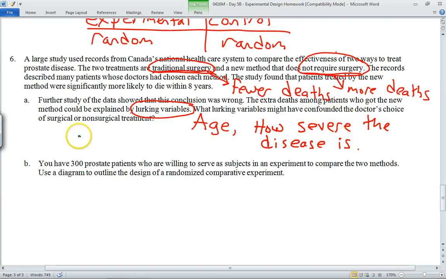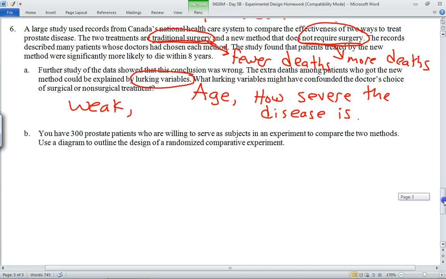But if you're already weak, and that's why you didn't get the surgery, then of course you're more likely to die. So if you're weaker, older, you have a more severe disease, these are all lurking variables that could cause the extra deaths. It might not be because the treatment is a poorer treatment.